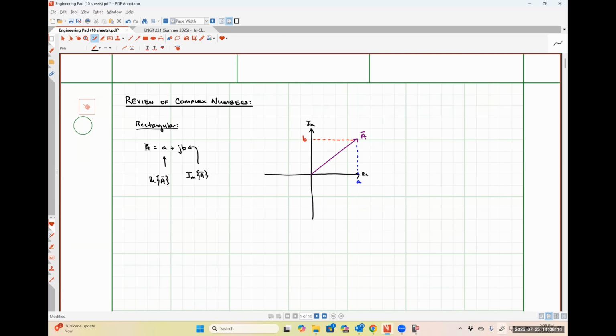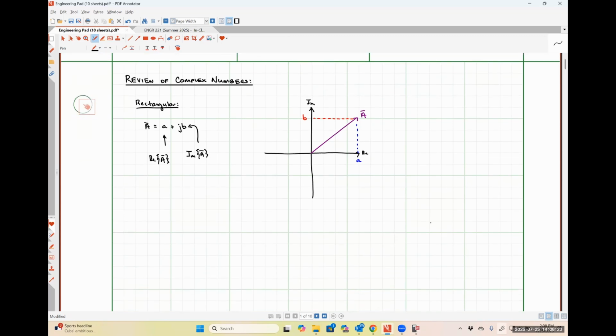Now, some of you may be asking yourselves, what the hell is j? We've never heard of that before, and that's perfectly fair. Okay. So in your math classes, you probably learned that the imaginary operator i was equal to the square root of -1. That is 100% true, but we don't use i to represent the square root of -1 in electrical engineering because we use it so often to refer to currents.